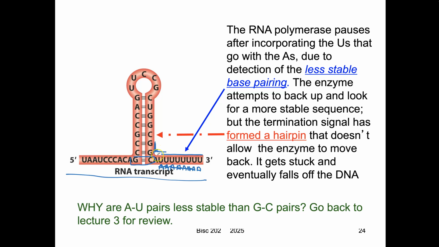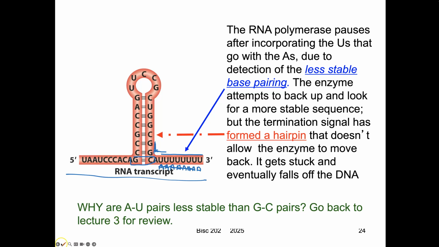And so it cannot go forward until the check has happened that says, is this the correct sequence? Where are the GC pairs that I'm expecting? It can't go forward, it can't go backwards, and eventually there's a mechanism that goes, okay, you've stalled here long enough. You have to fall off the DNA and go do your job elsewhere, right?